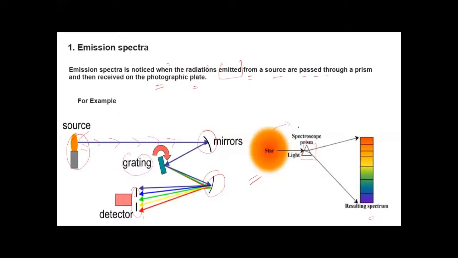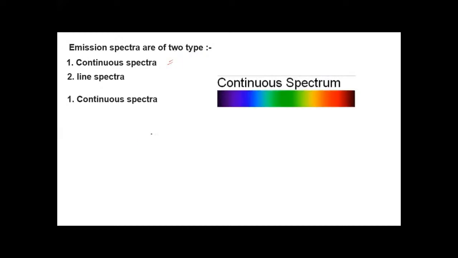So emission spectra are of two types. First, continuous spectra and another is line spectra. First we will discuss continuous spectra. Why do we call it continuous spectra? There is no gap between the colors, or we can say there is no gap between the frequencies and wavelengths.